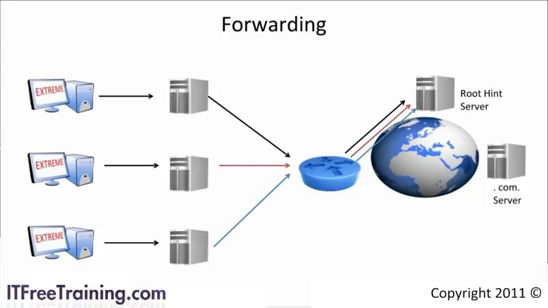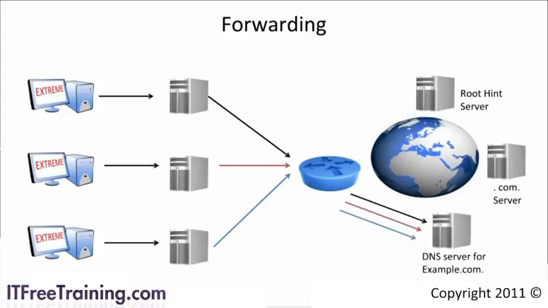The .com server returns the IP address of a server that is an authority for that domain. The 3 DNS servers then contact this server. This server is able to provide a response for the request. The request is returned to the DNS servers and passed on to the clients. In total, this took 9 different queries to resolve the 3 requests.